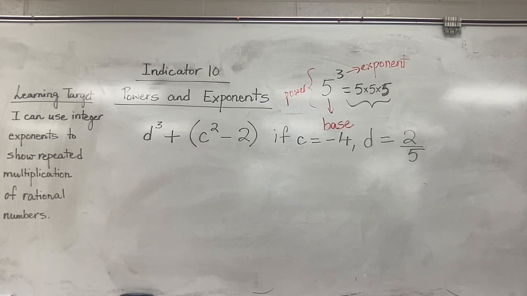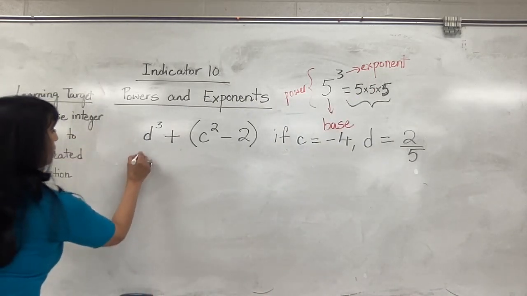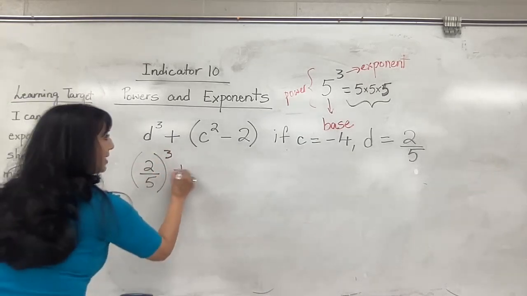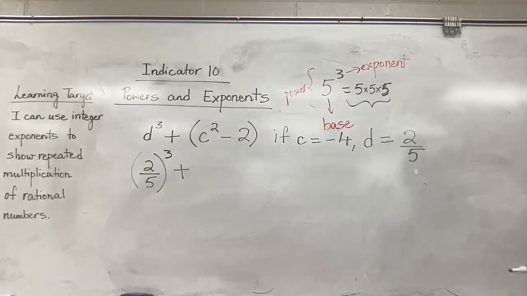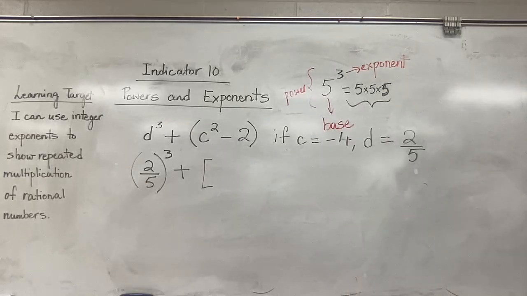So we are now going to substitute. We're going to move through the steps to evaluate the expression. And it's telling me that d is 2/5. Okay, so instead of d, I am going to substitute the value. And this is going to be 2/5 cubed plus, what is c? So I'm going to look at c, which has been given to me as -4. So let me do this. Okay, I'm just going to put that so that I can see what I'm doing.